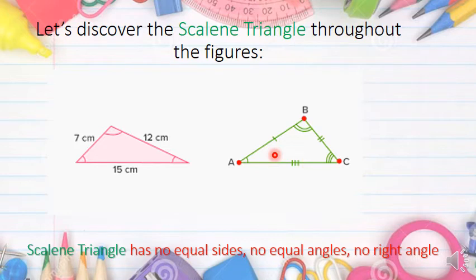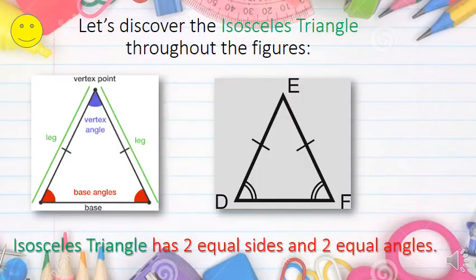It's very clear that I have different lengths of sides and different measures of angles. So a scalene triangle has no equal sides, no equal angles and no right angle. This is a scalene triangle.